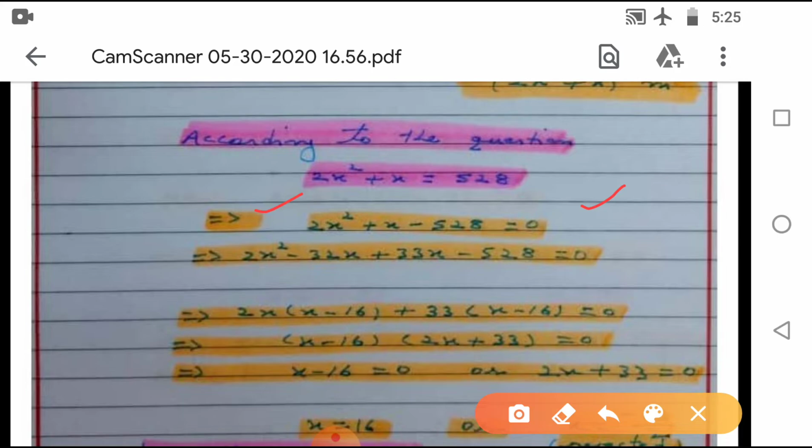Now, splitting the middle term, we get two factors of x, that is 33x and minus 32x.